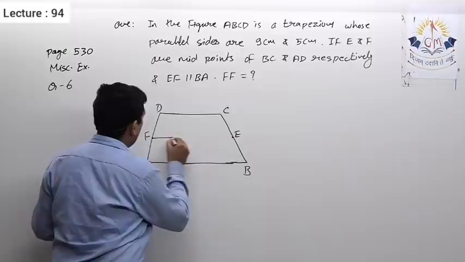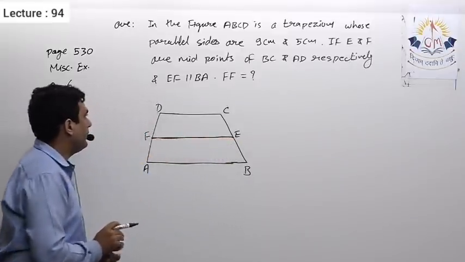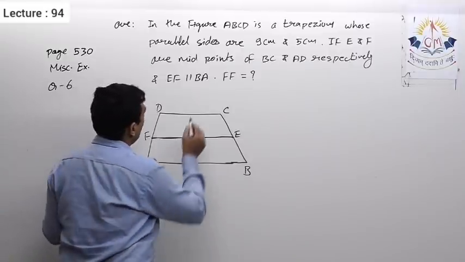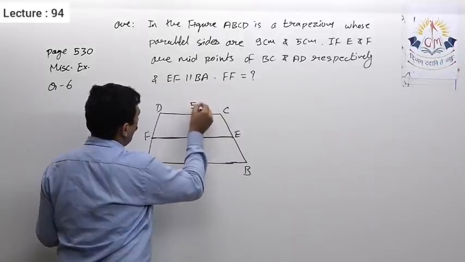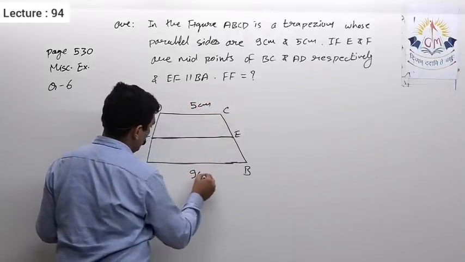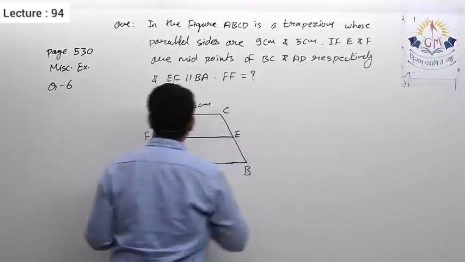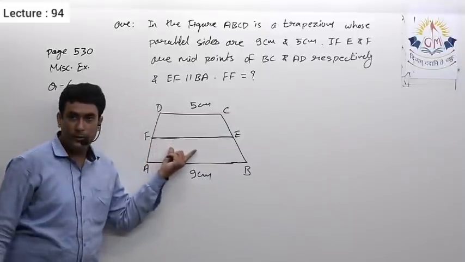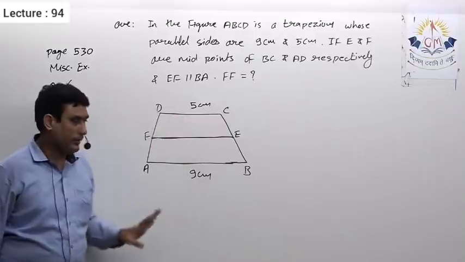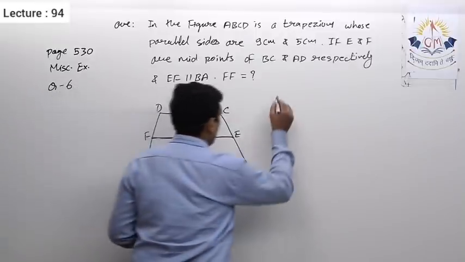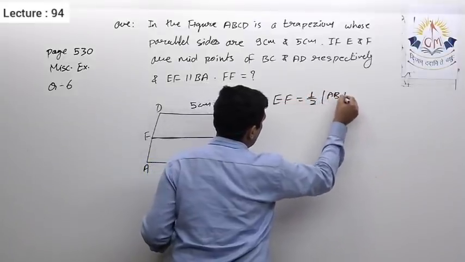Also it is given EF is parallel to this. So we have to find the length EF. It is given parallel sides 9 centimeter, so this is 5 centimeter smaller, and this is 9 centimeter. So it's not that much difficult. See, here we'll use one concept. The line segment joining the midpoints of the non-parallel sides of the trapezium is half the sum of the parallel sides. We can also prove this. Actually here EF is equal to 1 by 2 of AB plus CD.